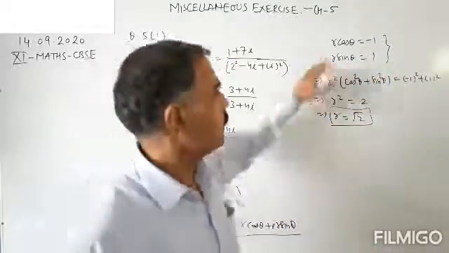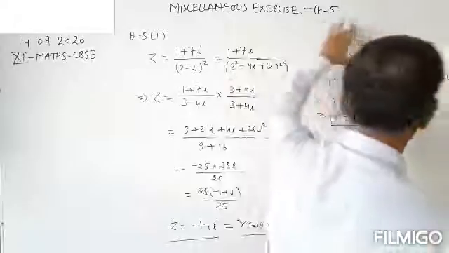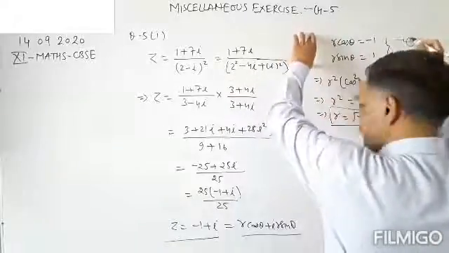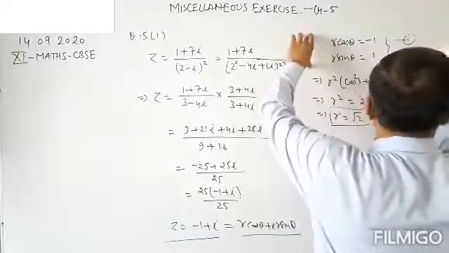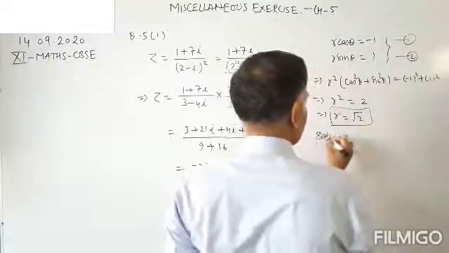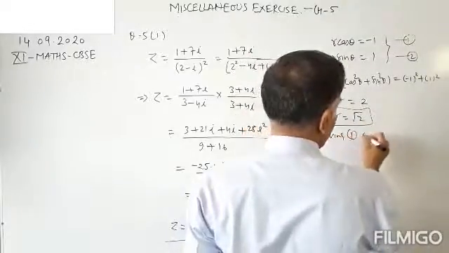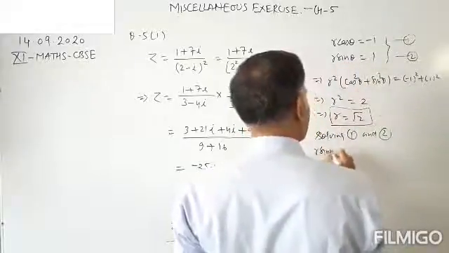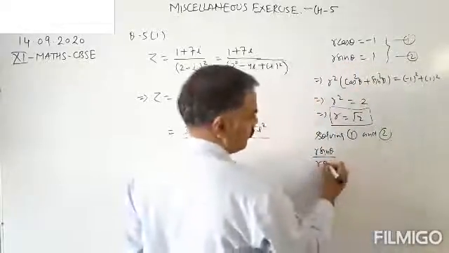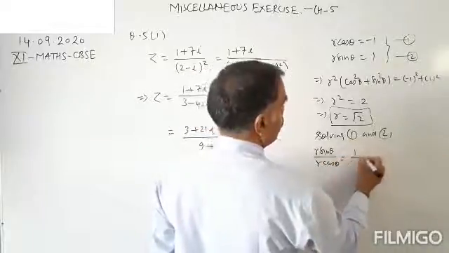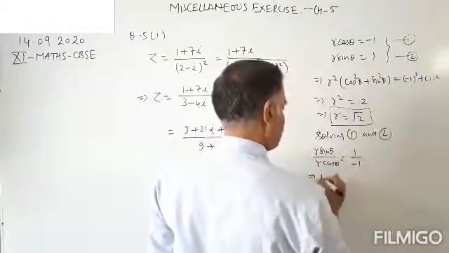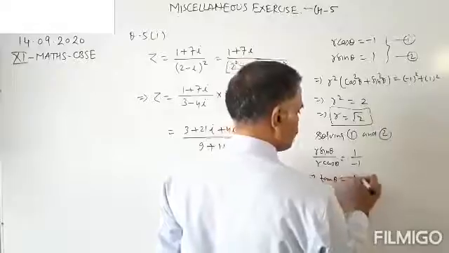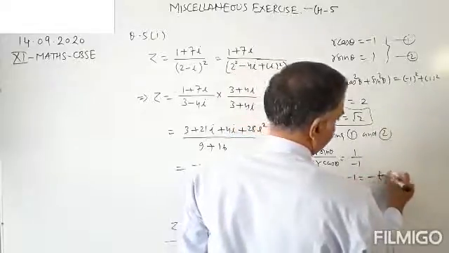Solving first and second, r sin theta upon r cos theta equals 1 upon minus 1, that is tan theta equals minus 1, that is minus tan pi by 4.